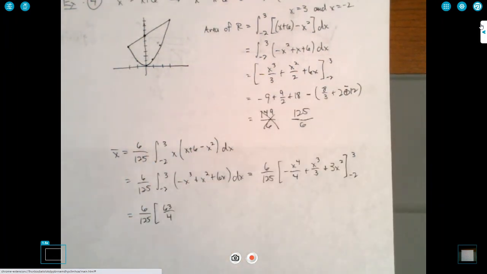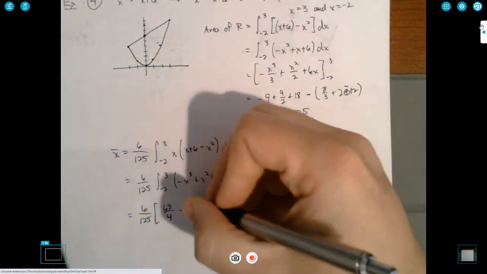And then if I plug in negative 2, I'm going to have minus negative 2 to the 4th divided by 4 plus negative 2 cubed over 3 plus 3 times negative 2 squared.